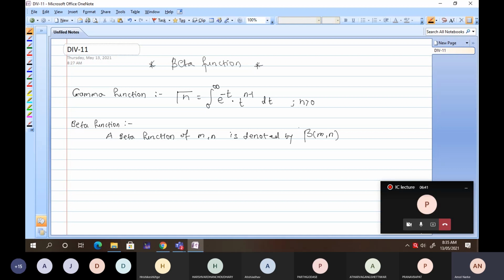This is the sign of beta and this is the sign of gamma.